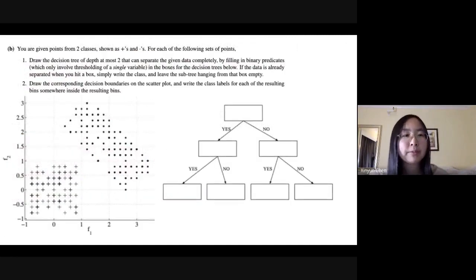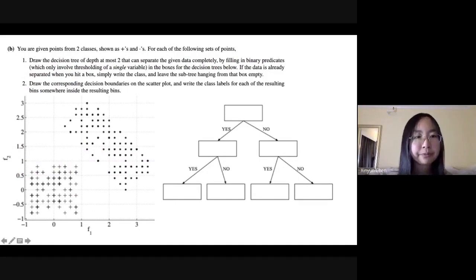And then part B is a pretty fun question. It is about building the decision tree ourselves. Here we have points from 2 classes shown as plus and dots. Then there are some requirements when we are building the decision tree.